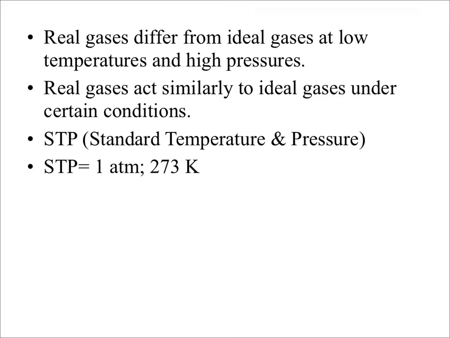Because most of the time, we're working at what we call close to STP, standard temperature and pressure. And standard temperature and pressure is always 1 atm, which is normal atmospheric pressure, and 273 Kelvin, which is kind of cold. It's about 0 degrees Celsius, but we're within the range at normal room temperature.